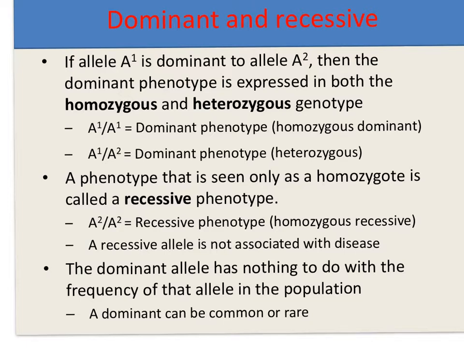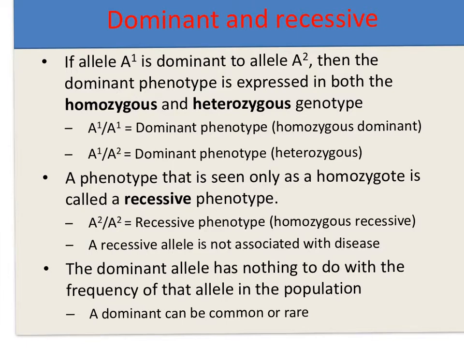The only time that the recessive genotype ends up with a recessive phenotype is if you have two copies. So, the dominant phenotype, it's either the A1A1, homozygous dominant, or A1A2, heterozygous, but they still have one copy of A1, they still express the dominant phenotype.